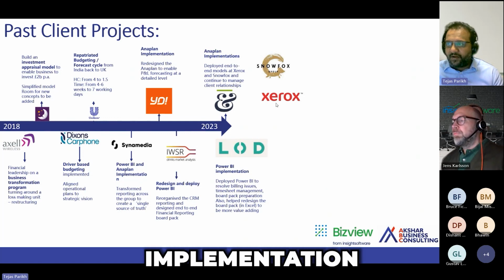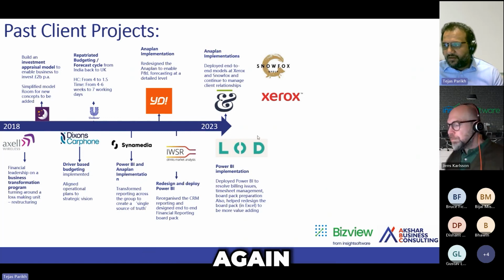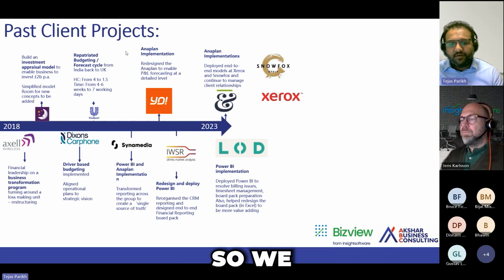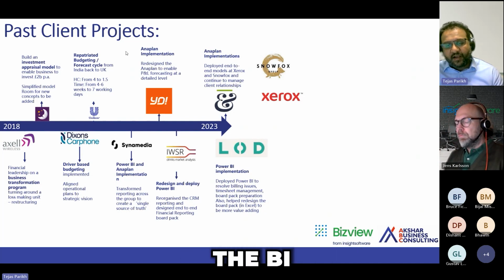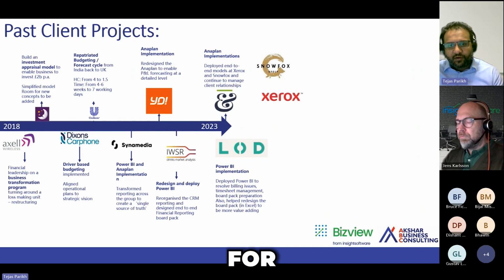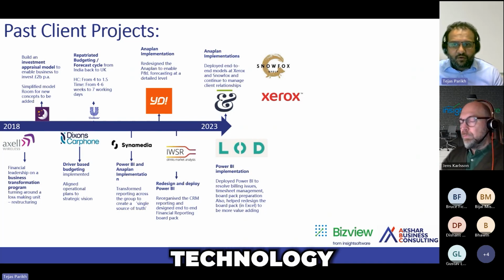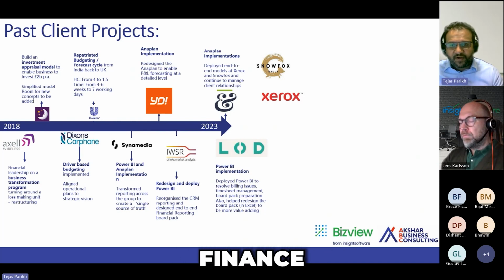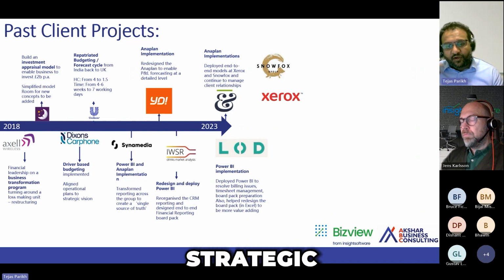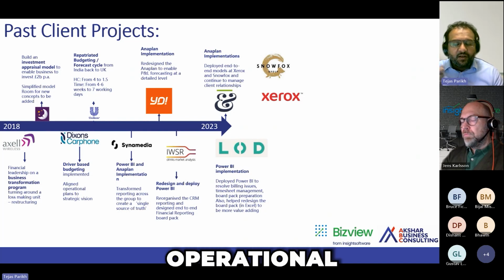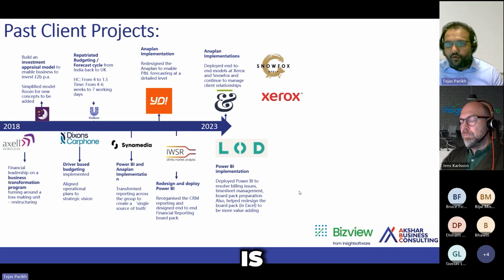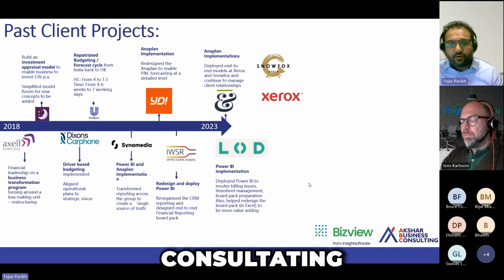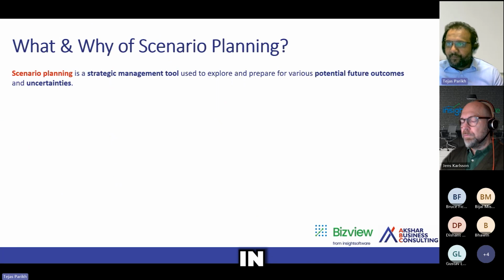Xerox is an Anaplan implementation, again Power BI implementation. So we specialize around BI and CPM implementation for businesses to leverage technology, so that finance can do a better job with a more strategic focus rather than an operational Excel book focus. That is what we as Akshar Business Consulting do.